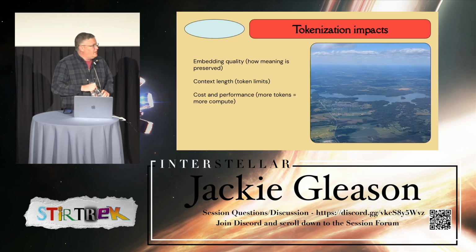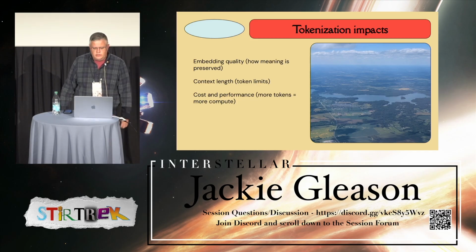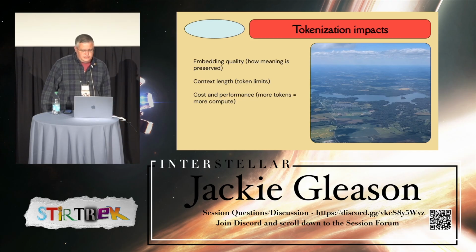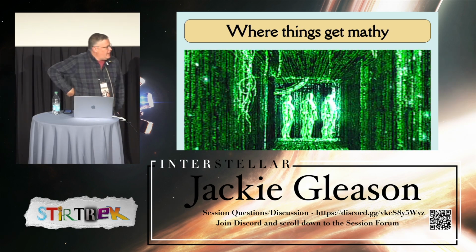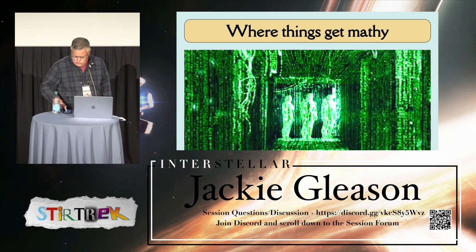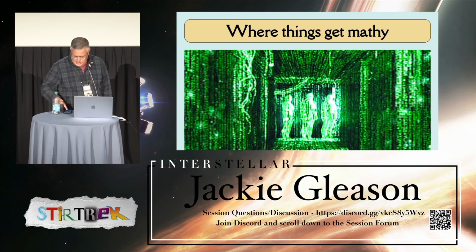Some of the different models have different context windows, so that can affect what type of tokenization you use, and also cost and performance can come into play there as well. So we're going to try to get a little bit into the mathy part of it.